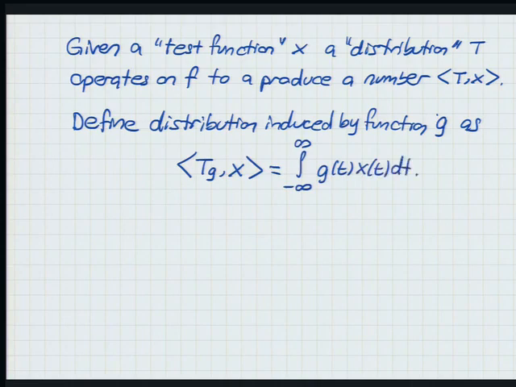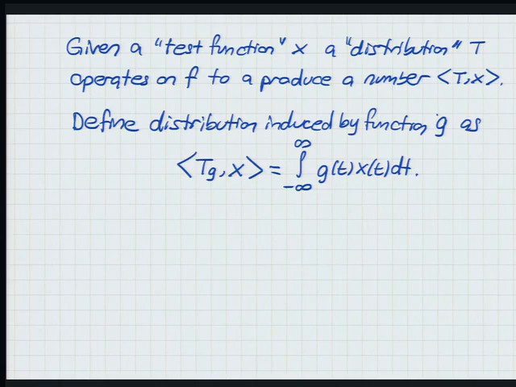Okay? So these test functions x are just functions. You know, we choose them from a class that are known to have good integrability properties. So whatever context we use them in, they satisfy integrability. Okay? So that is basically a definition of a distribution induced by a function g.